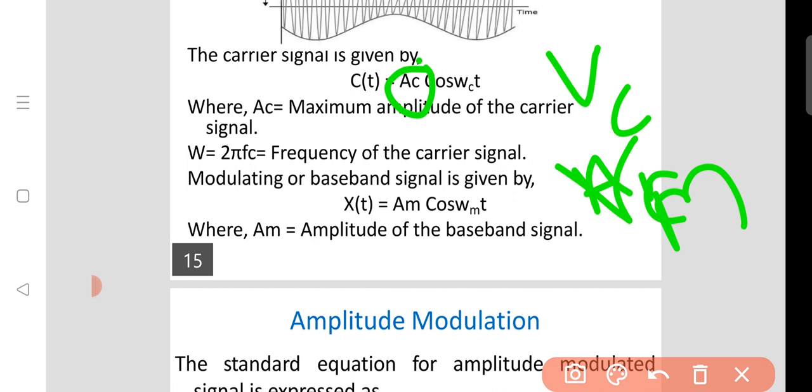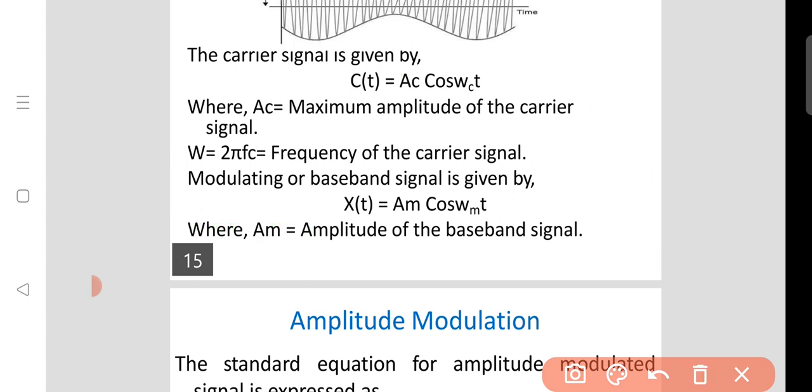Similarly, X of t means message signal or modulating signal, and some textbooks indicate this as M of t. So these notations may change in different textbooks. That's why you shouldn't get confused; just follow and understand carefully. I will now show you the derivation of amplitude modulation. Just wait.